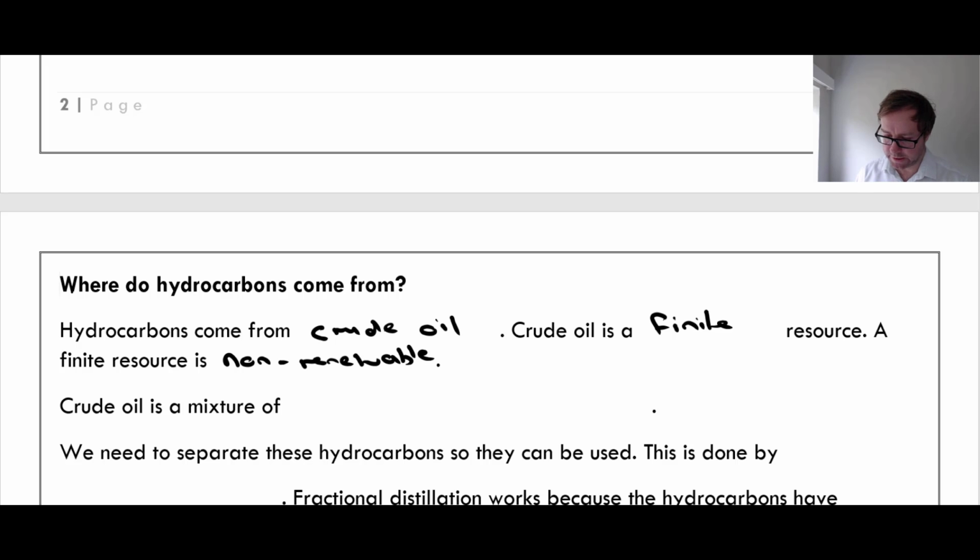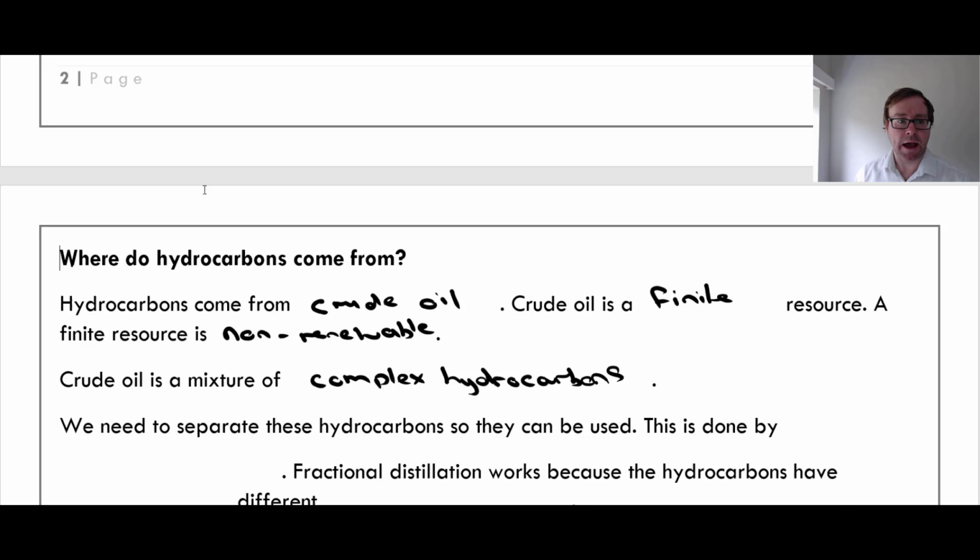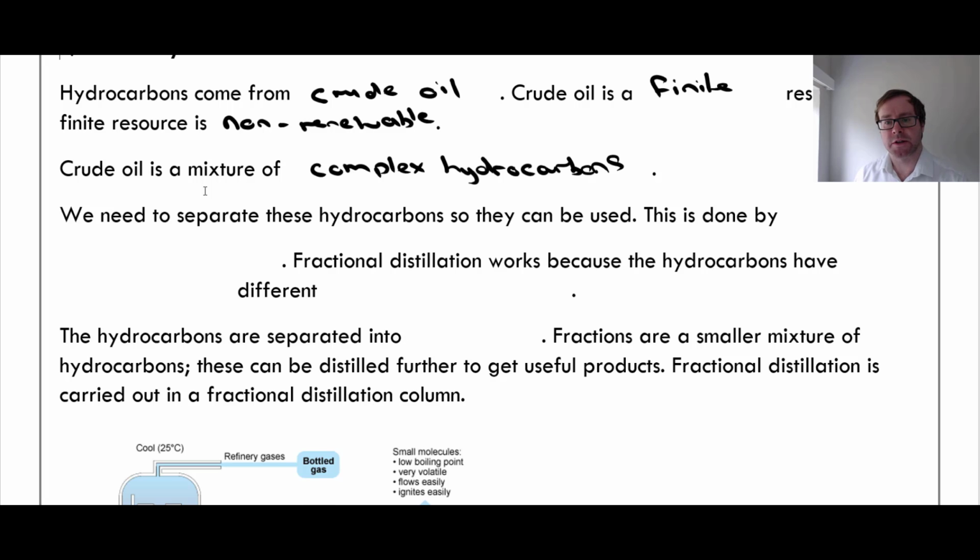Okay, crude oil is a mixture of complex hydrocarbons, and we need to separate these hydrocarbons so they can be used. This is done by something called fractional distillation.